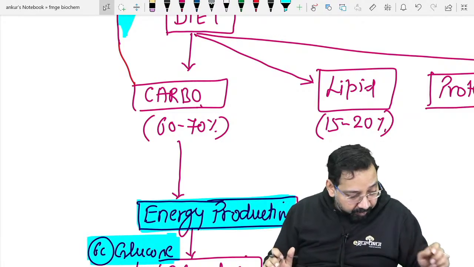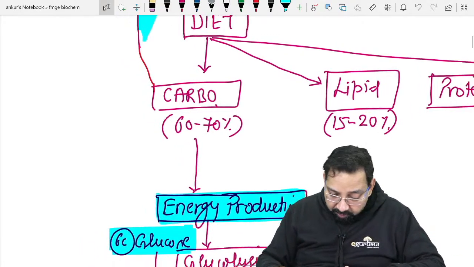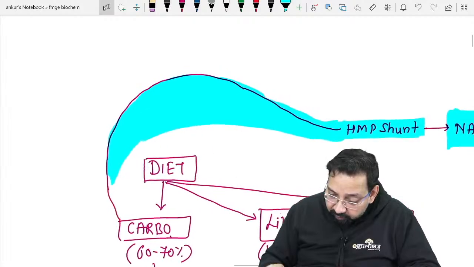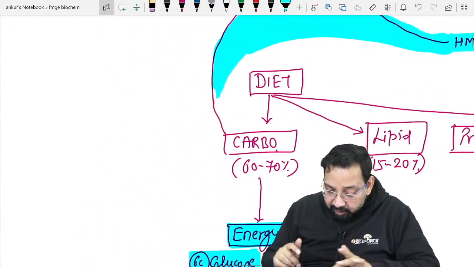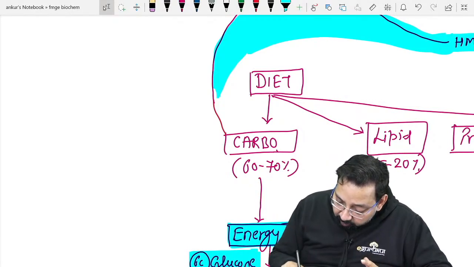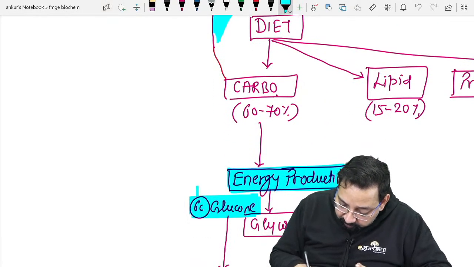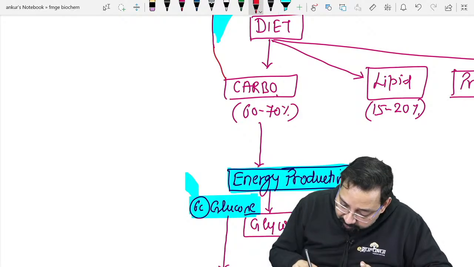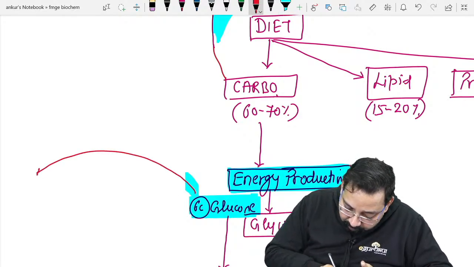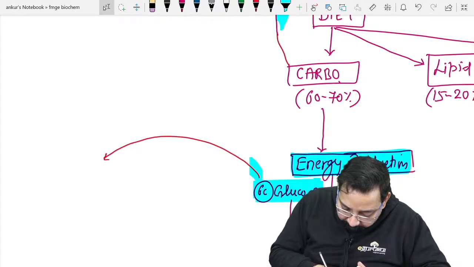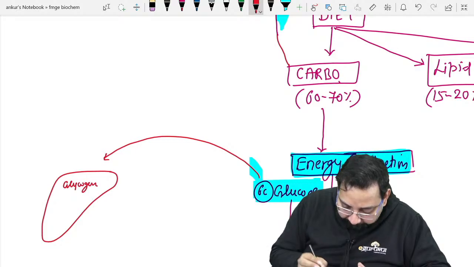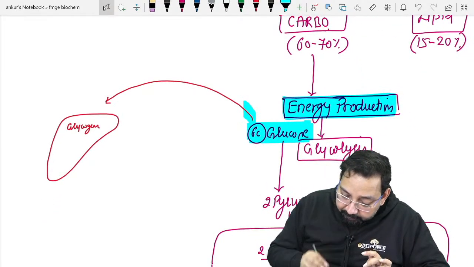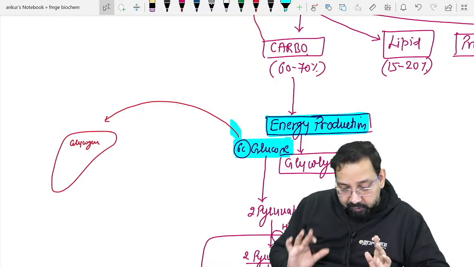That is clear. So one function was reduction, one function was energy, glycolysis. Now I take that glucose is converted to, I will write like this, converted to glycogen, and stored.